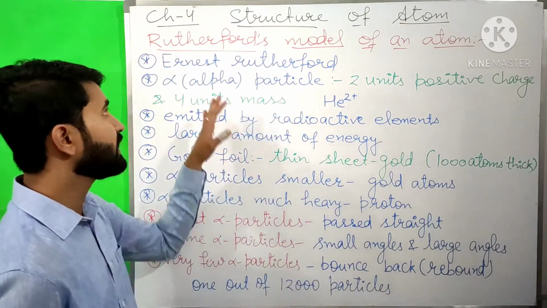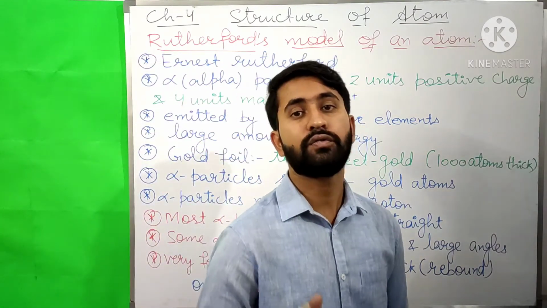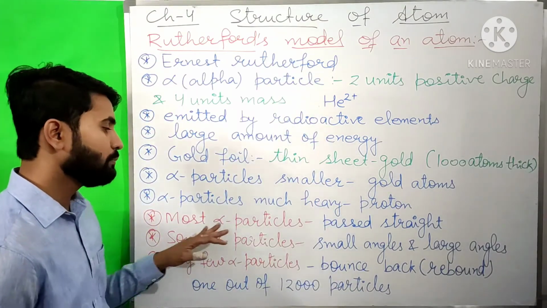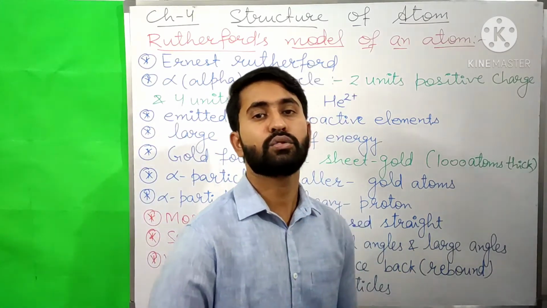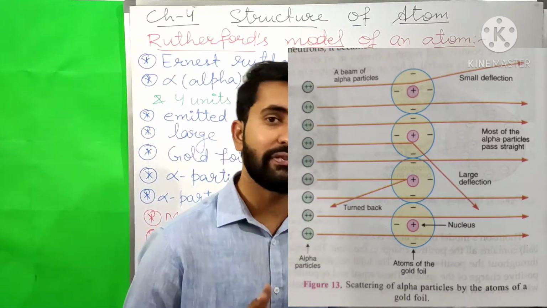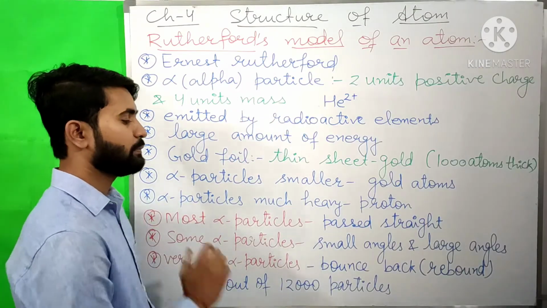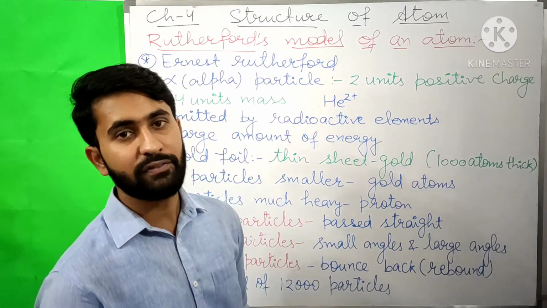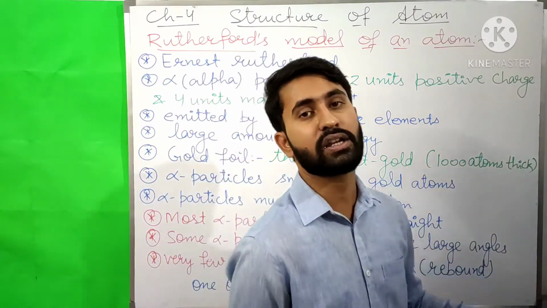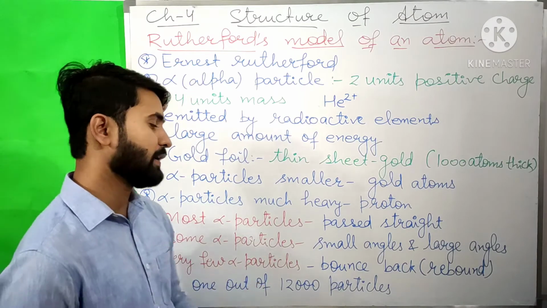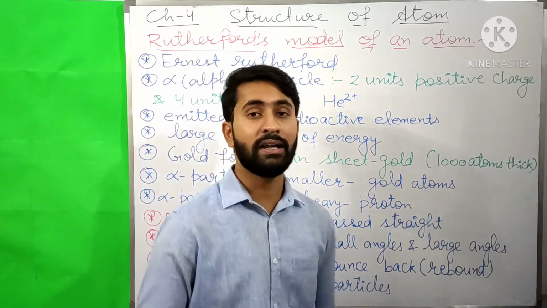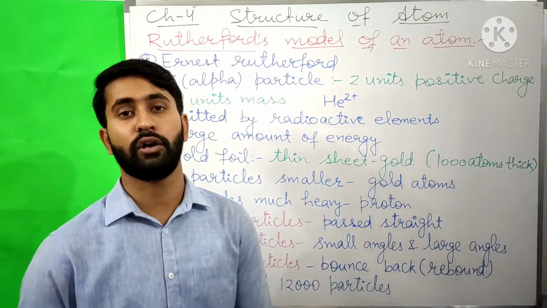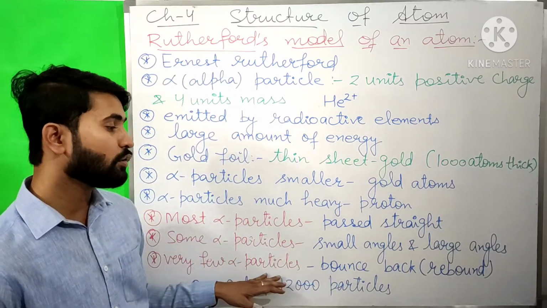When the fast moving alpha particles were made to fall on a gold foil, it was observed that most of the alpha particles passed straight through the gold foil without getting deflected, and some were deflected through small angles, and some through large angles, and very few alpha particles bounced back on hitting the gold foil, or we can say they rebounded and turned back to their original path.